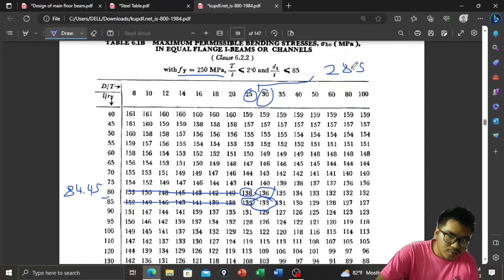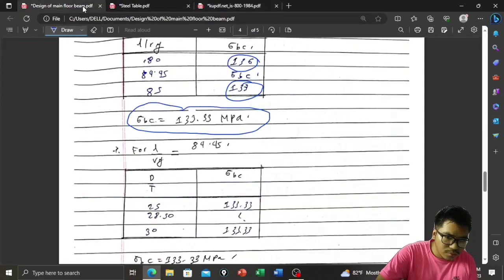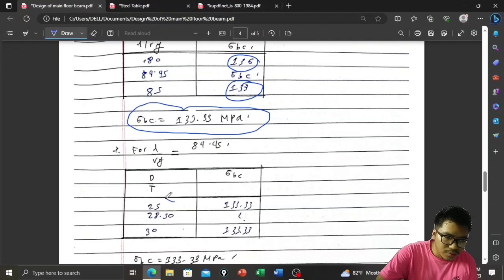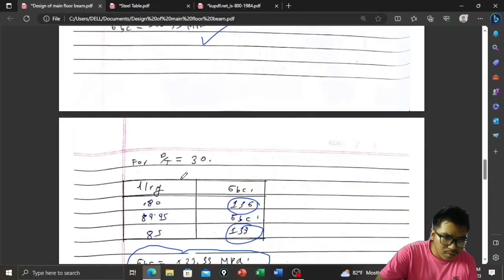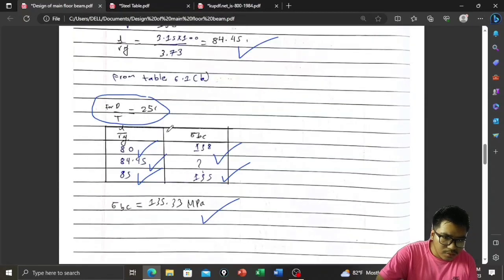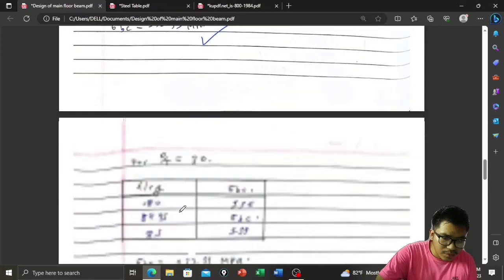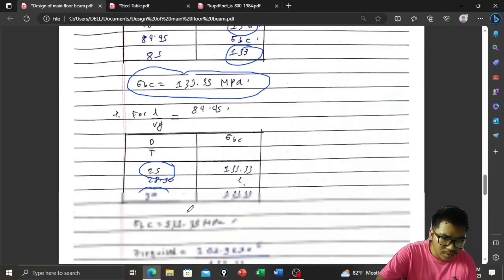This 28.5 lies between 25 and 30. So when we choose 25, at d by t 25, sigma BC is 135.33.